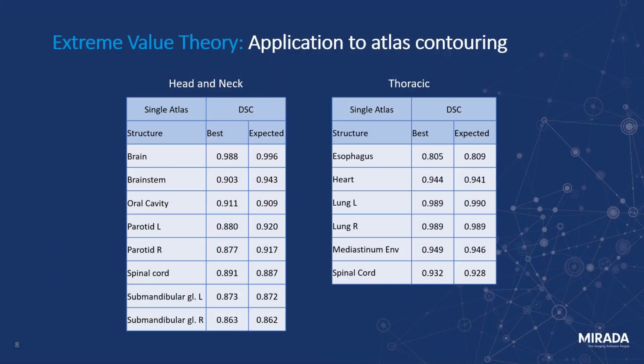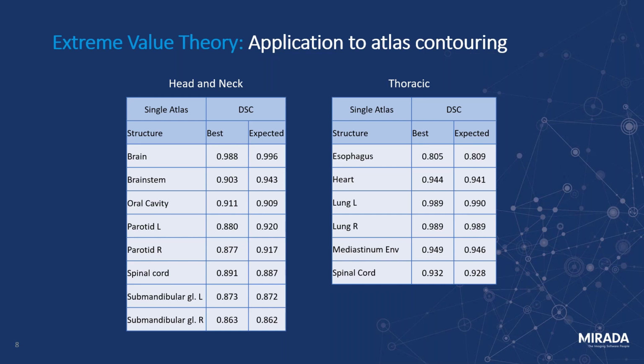And the results they show in the paper, unfortunately only in tabular form, show that the predicted expected performance for once in 5,000 atlases, i.e. if we had a database of 5,000 atlases, what would we expect, was typically in the range of 0.9 upwards.